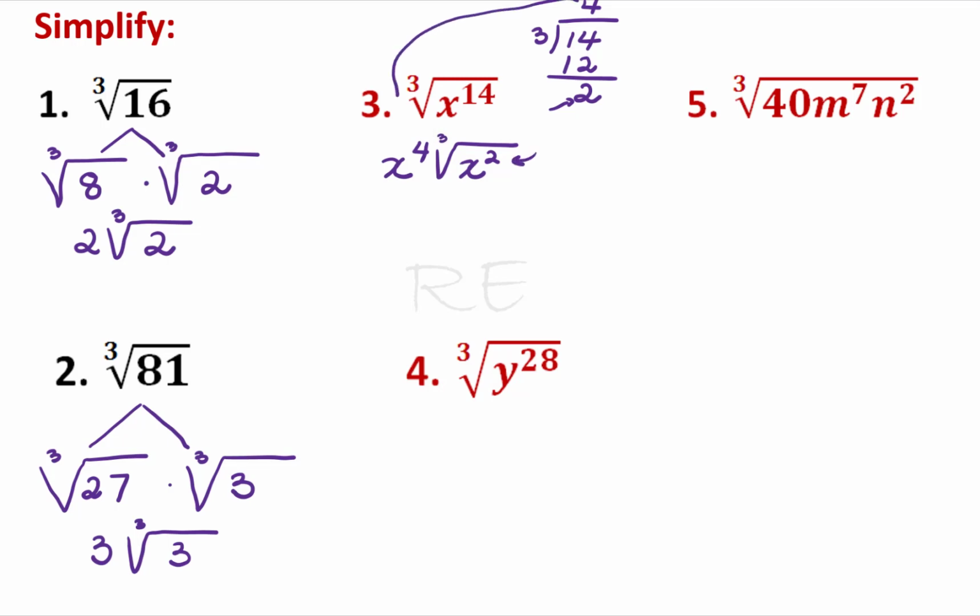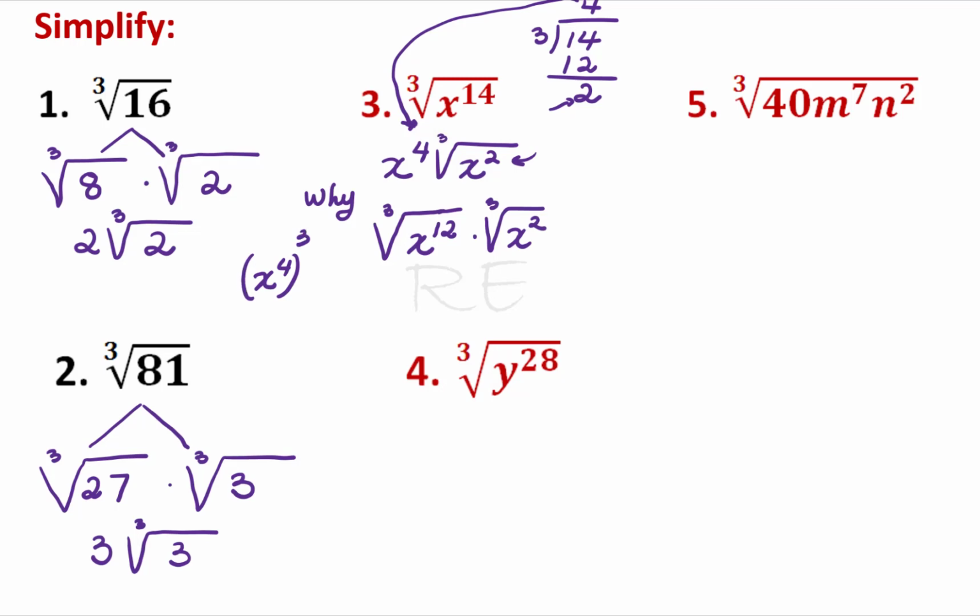Now, how does it work? Well, we can write cube root of x to the 14th as cube root of x to the 12th, which is the rational part, times cube root of x squared. Now, x to the 12th is x to the 4th cubed.